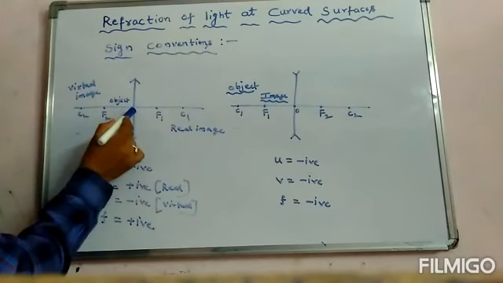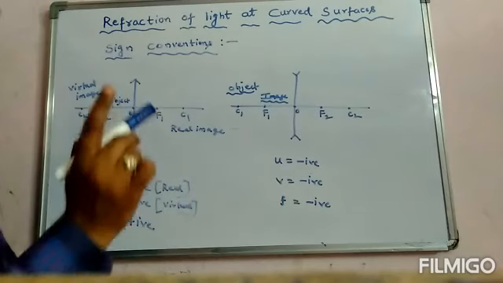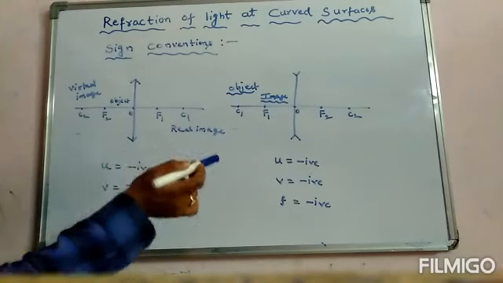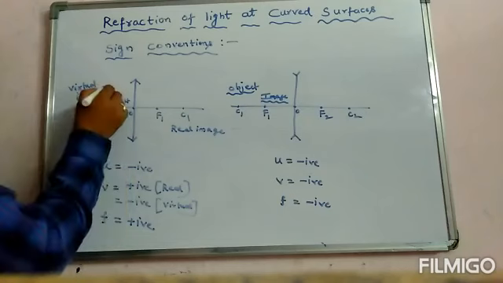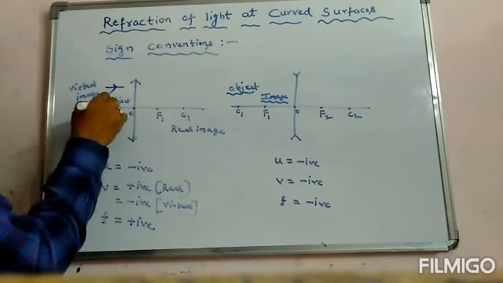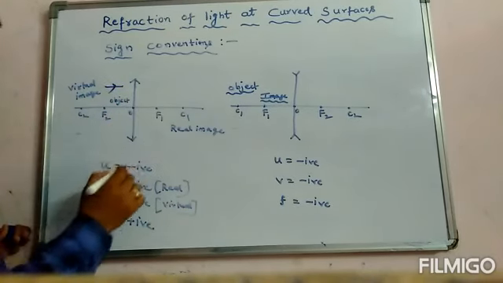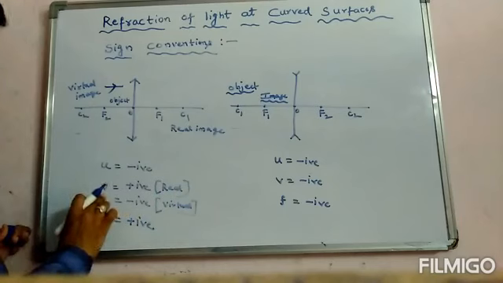All the distances are measured from the optic center, and the second one is the distance measured opposite to the direction of incident ray. Incident ray direction is this one. Now you are measuring in opposite direction, so object distance is negative. And what about the image distance?